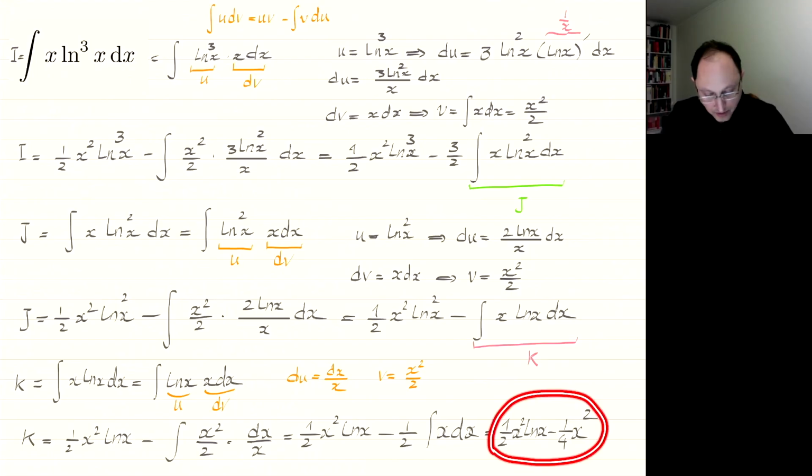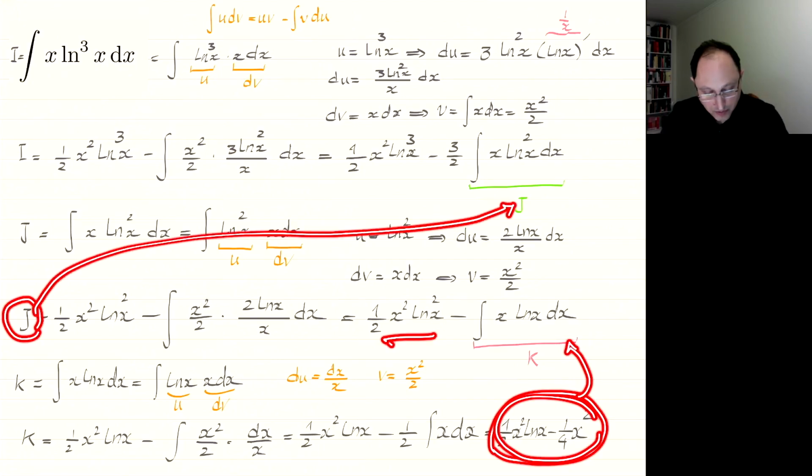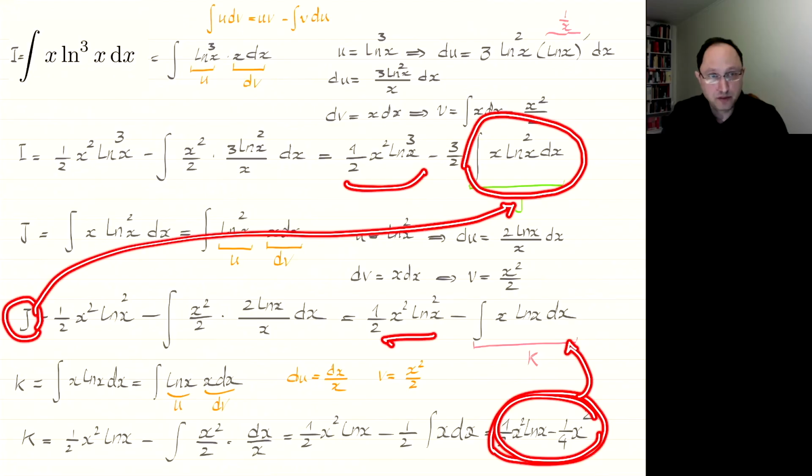I have to be a little bit careful. Put it back here. Together this one and this k will give me j. And when I have my j, I take it with me and put it here. I have to remember to multiply 3/2 into everything and then combine it with the first term from the very first integration.